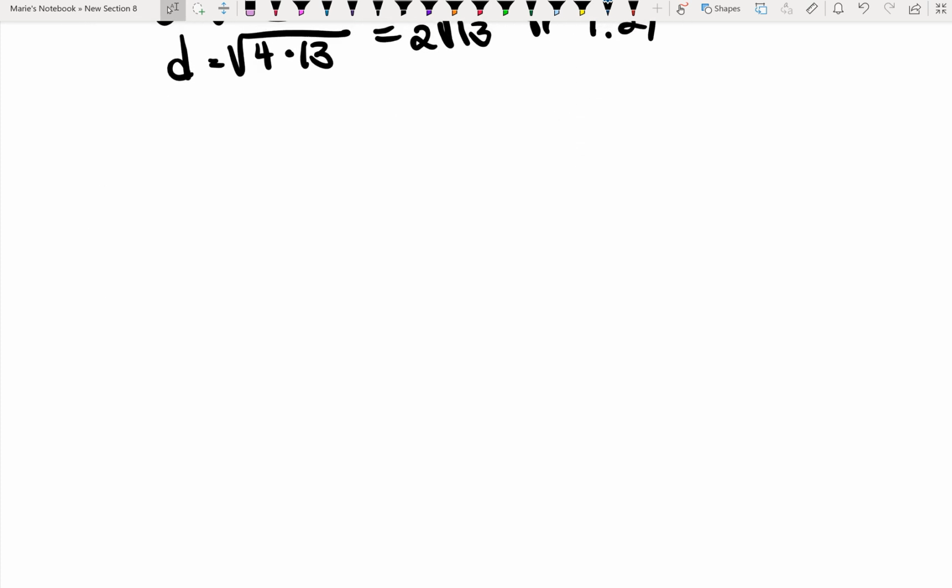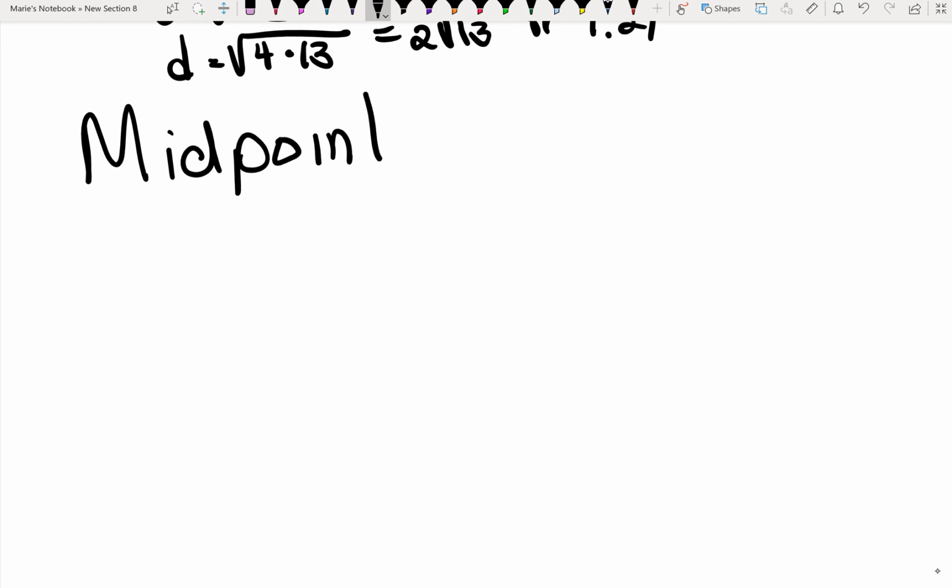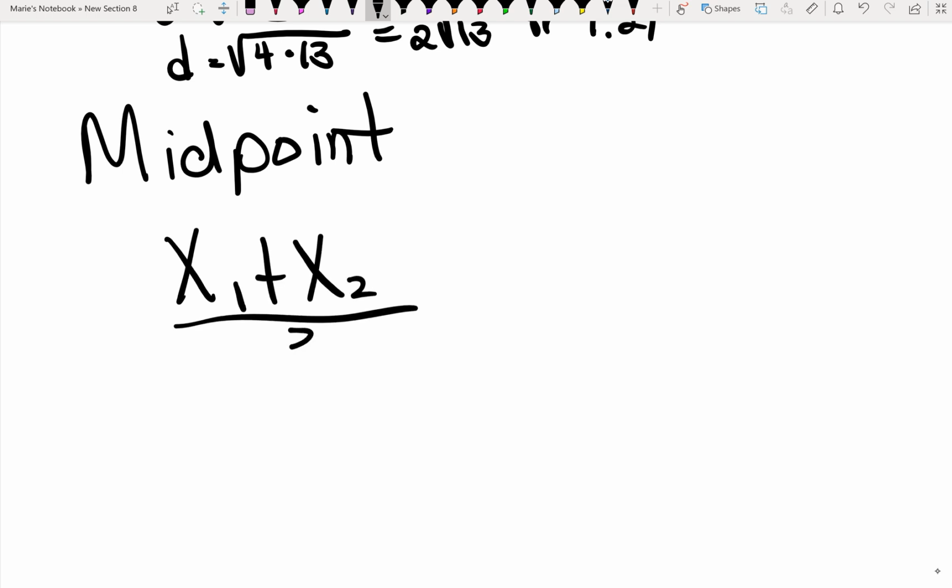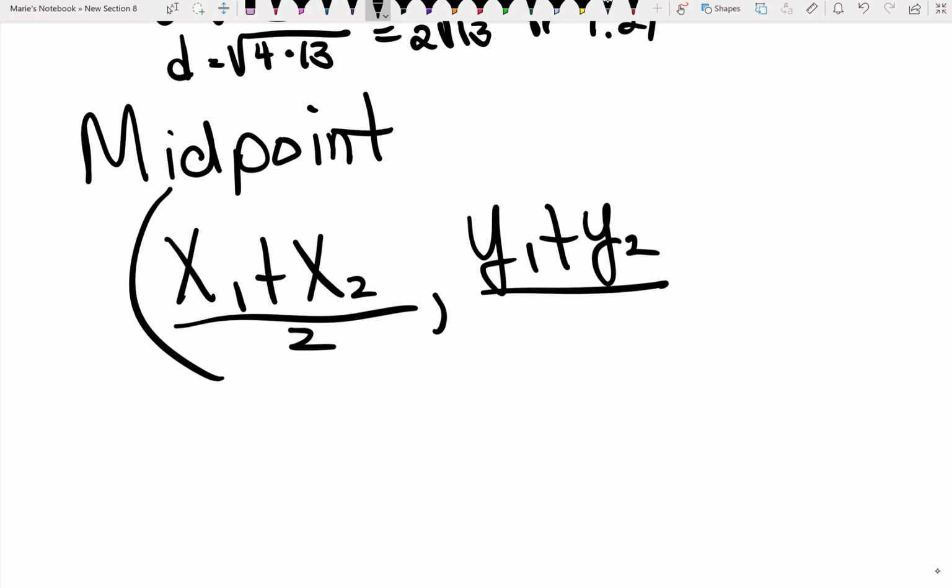The second concept in this chapter is midpoint. So we're going to look at the midpoint formula, which is in essence x1 plus x2 divided by 2, comma, y1 plus y2 divided by 2.